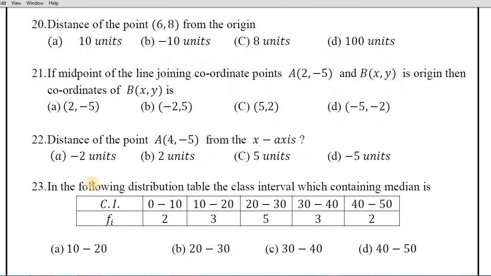Question number 20, distance of a point 6 comma 8 from the origin. So this kind of question also repeated, children. So we wanted to find distance of a point of the coordinate 6 comma 8 from the origin. So we have a formula that is root x square plus y square, and I wanted to convey you another thing here. Whenever you are finding distance of a point from the origin, in that case what coordinates given?